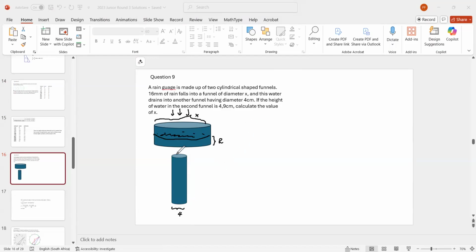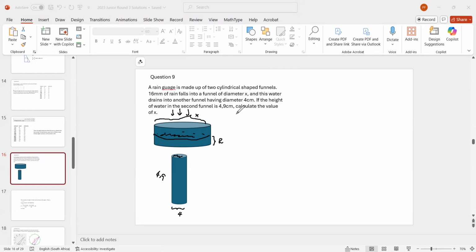And the height of the second funnel is 4.9. And this water drains into this. So I think it should have said that it drains and fills it up. So all this water drains and fills this thing up now. So the water goes right to the top.